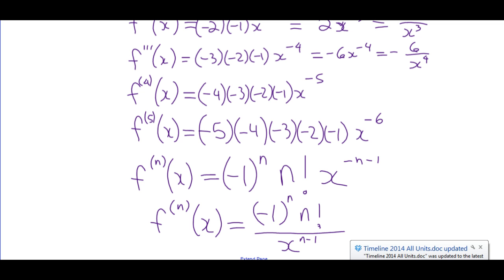Plus 1. Make everything negative. Then move it down below. Good. Okay, cool.